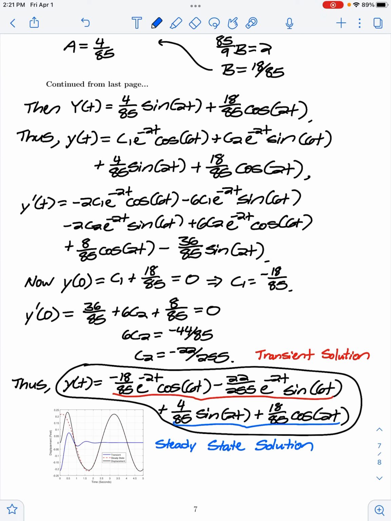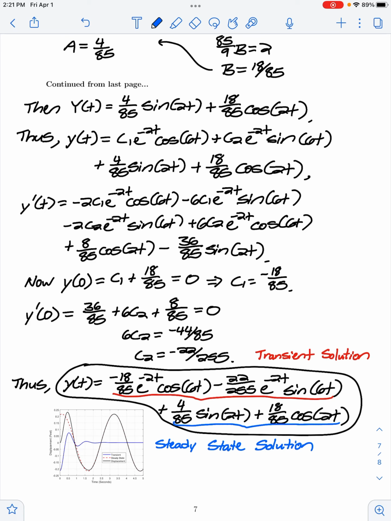Now in the problem statement, we were asked to plot the transient solution, steady state solution, and our displacement on the same graph. So I've given that here in the notes in this figure. The transient solution is plotted in blue, and we can see that as t increases, that transient solution will decay to 0.